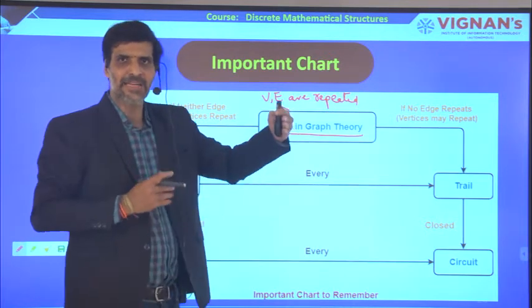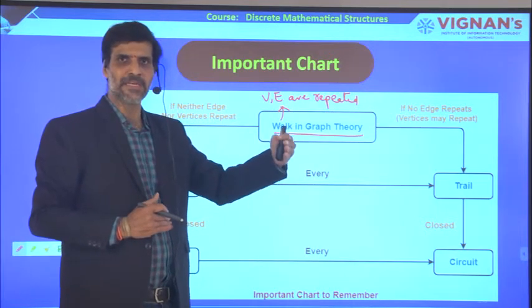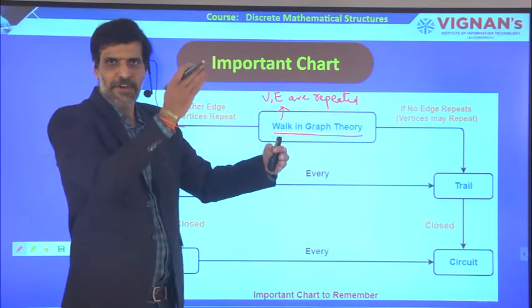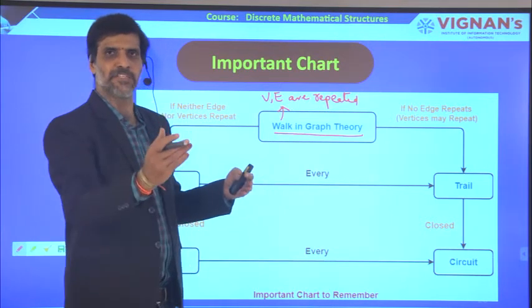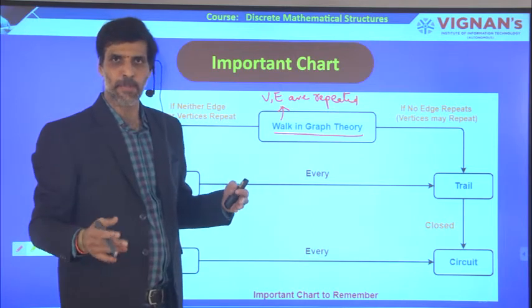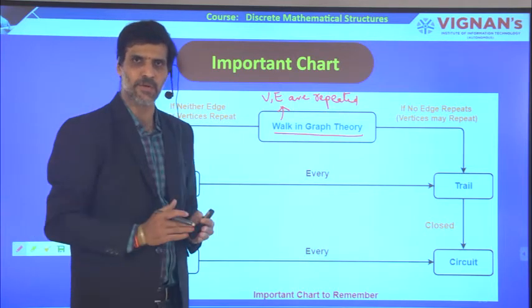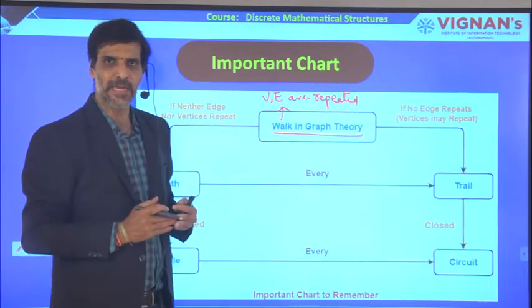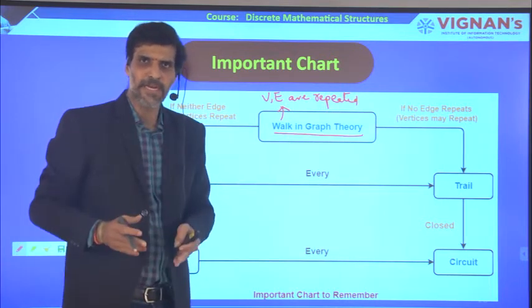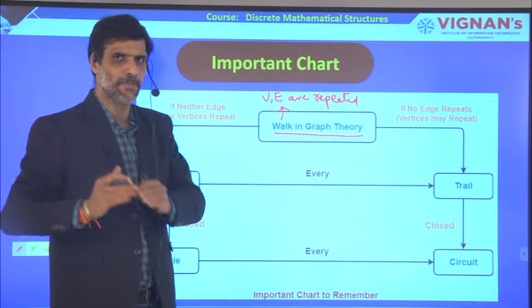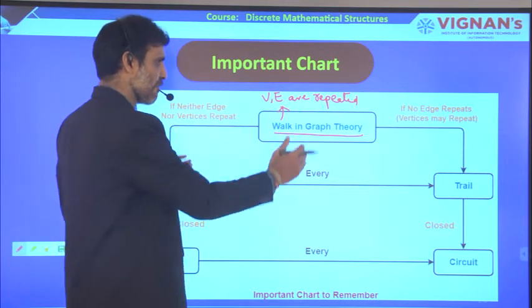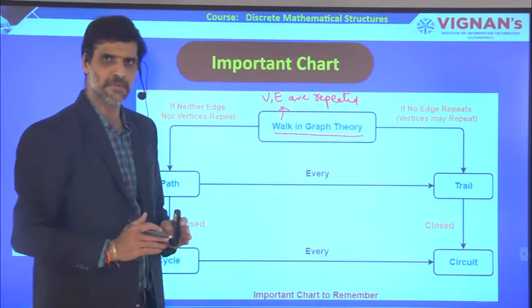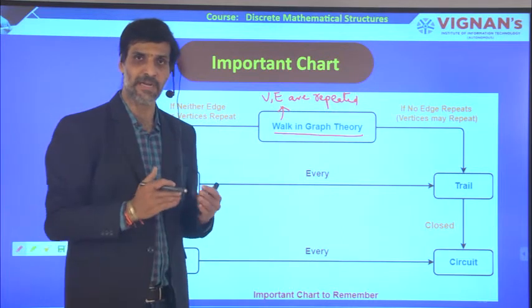In trial and circuit, the vertices may be repeated but the edges are not repeated. In path and cycle, neither vertices nor edges are repeated. We represent that in the form of a chart like this for our convenience and understanding.